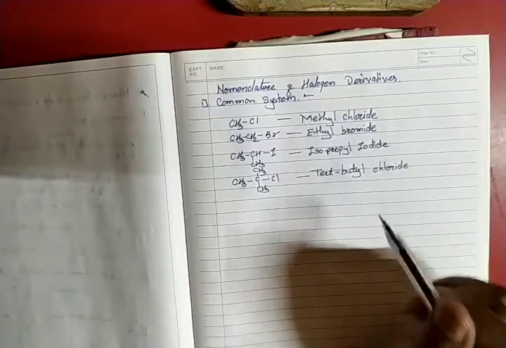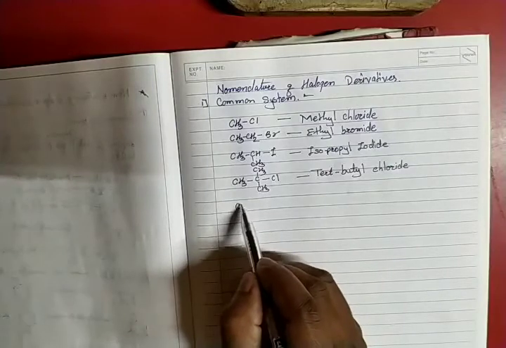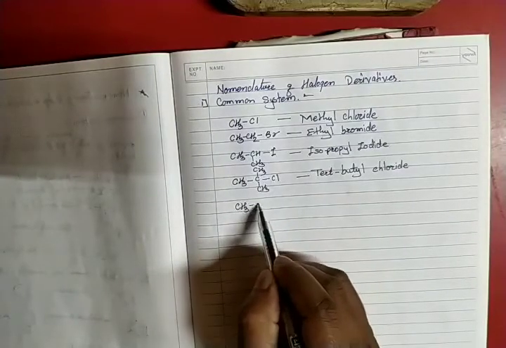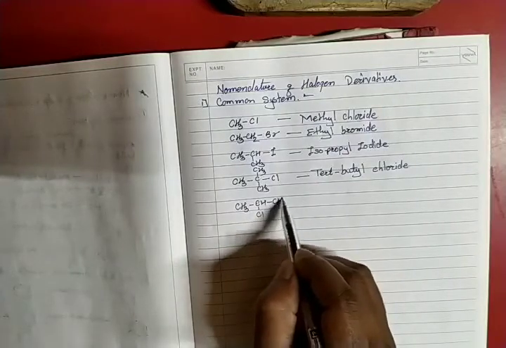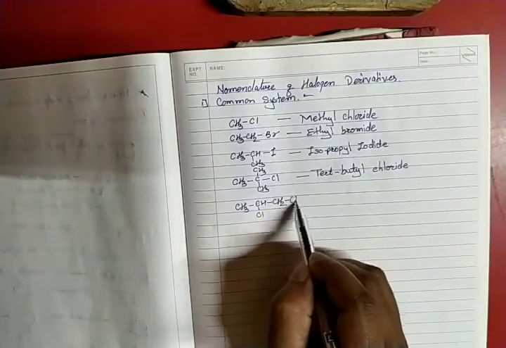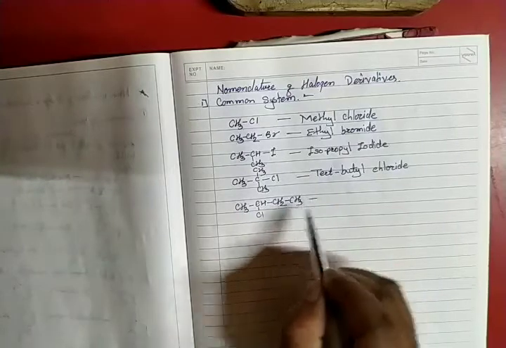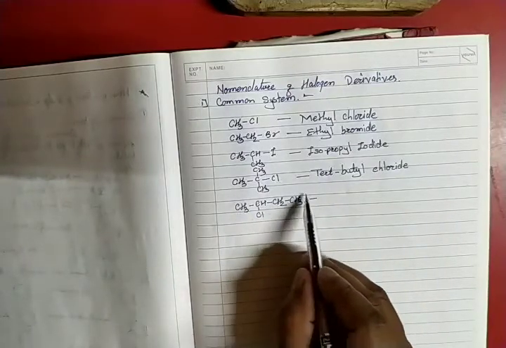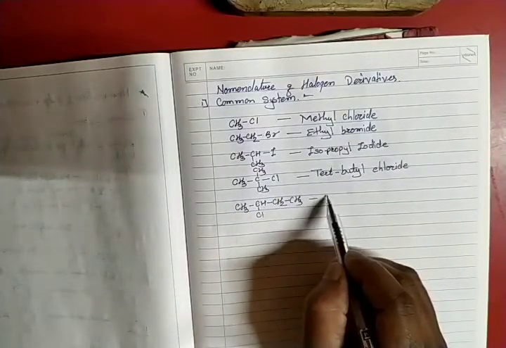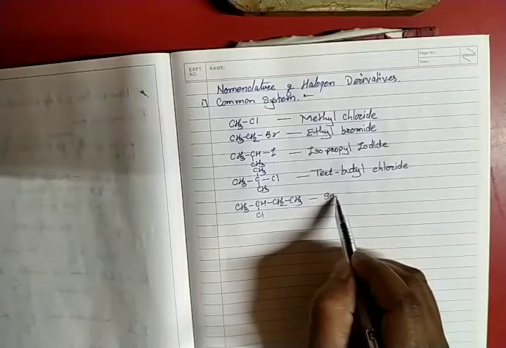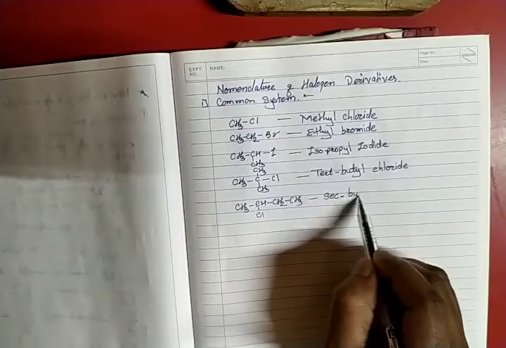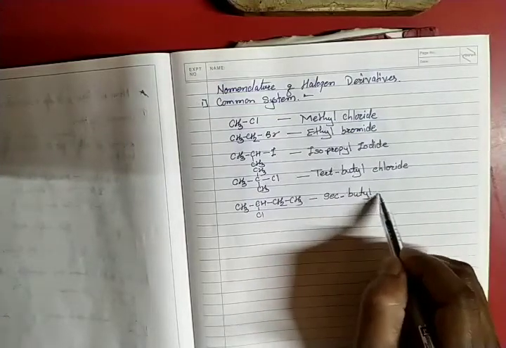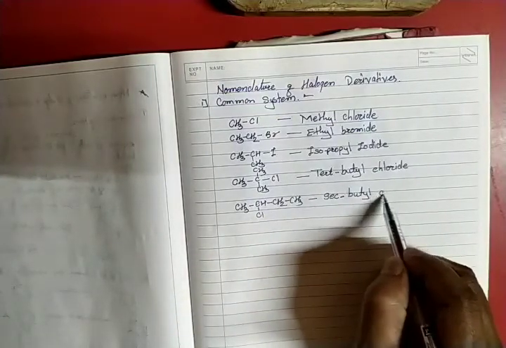In this way, there is one more example, CH3CHClCH2CH3. This group is known as the secondary butyl group, and the halogen atom is chlorine, so chloride.